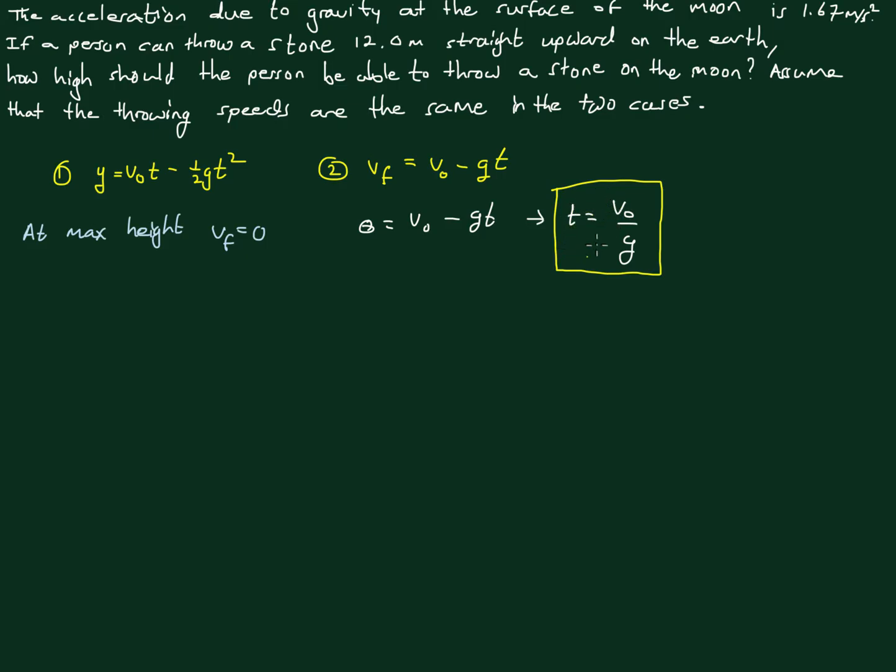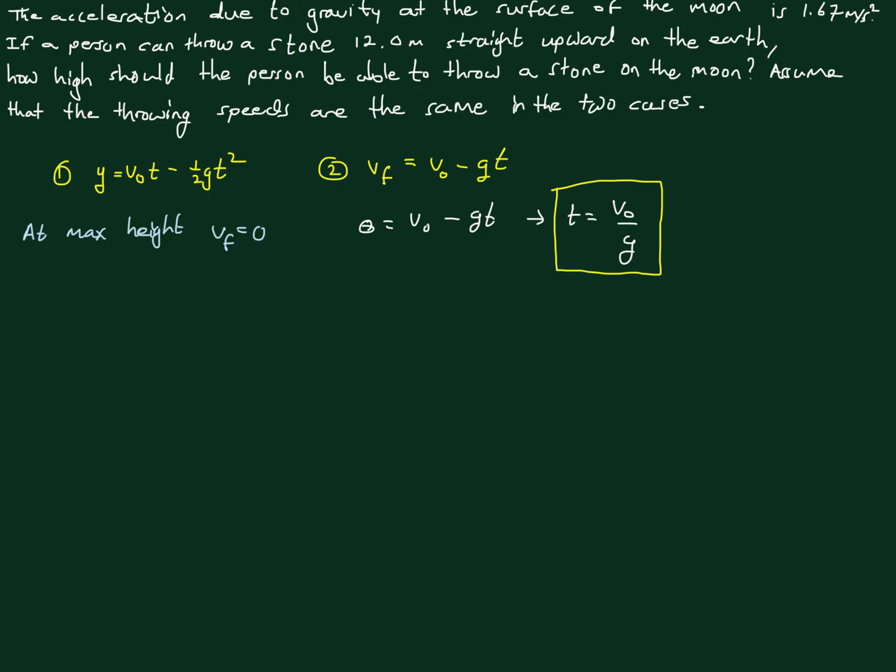So we can substitute this value of t. We don't know what exactly it is, but we have it in terms of the initial velocity and the gravitational acceleration, which is good. So we can substitute this value into this equation right here, so that our maximum height formula is solely going to be in terms of the initial velocity and the acceleration due to gravity.